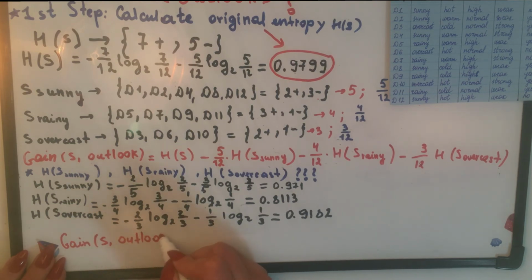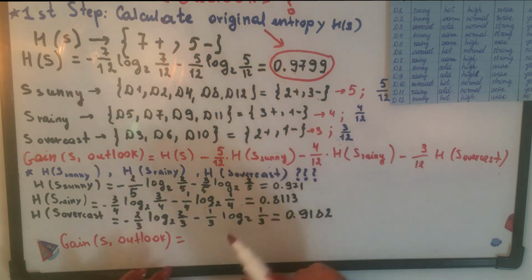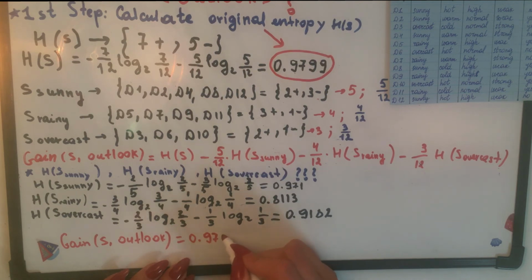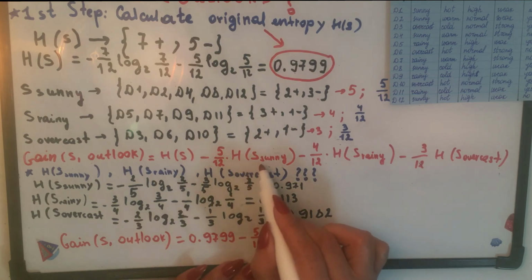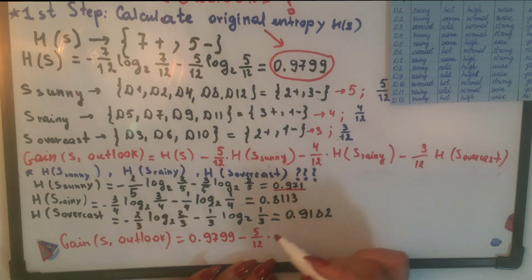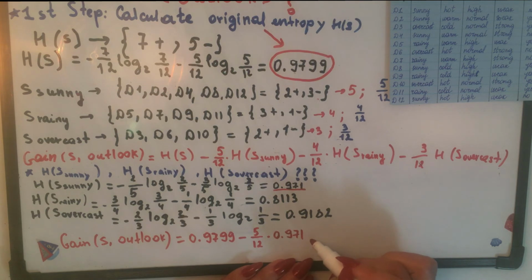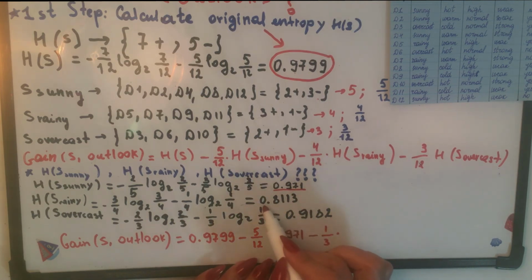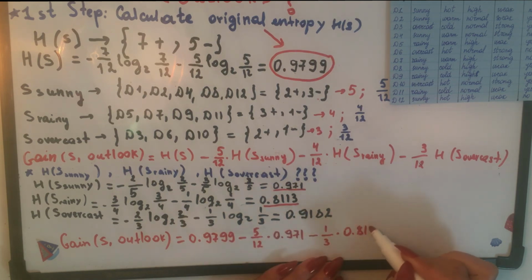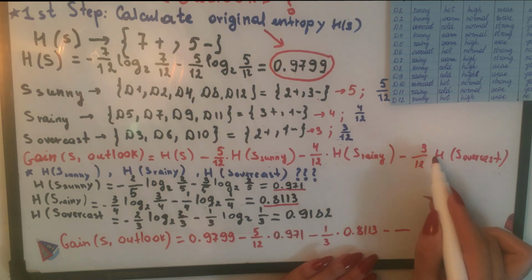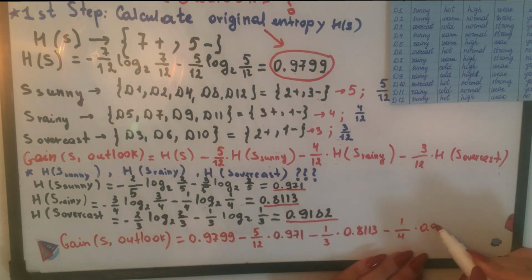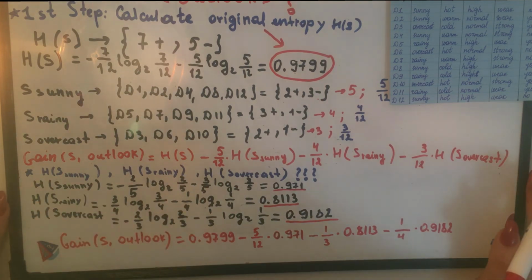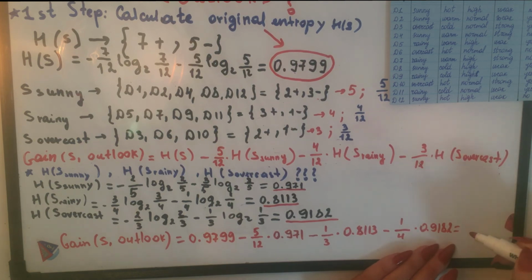So gain of S outlook equals 0.9799, which is the value of the original entropy, minus 5/12 times 0.971, which is the value of H of S sunny, minus 1/3 times 0.8113, which is the value of H of S rainy, minus 1/4 times 0.9182, which is the value of H of S overcast, and that equals 0.0754.